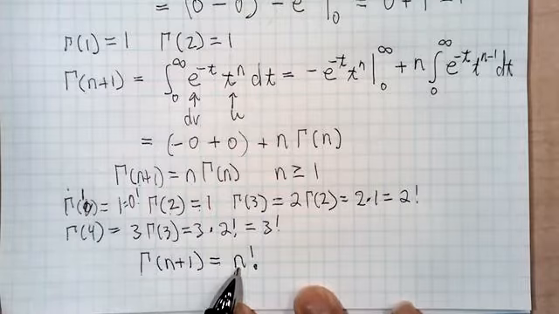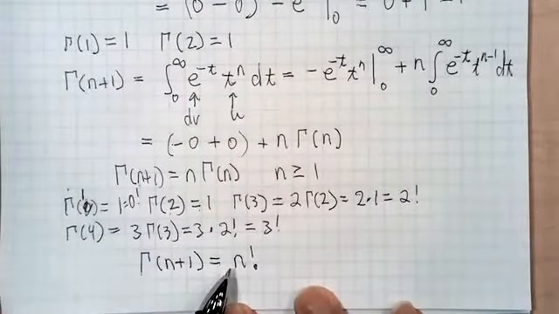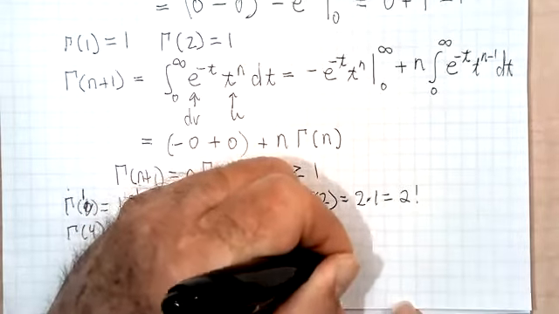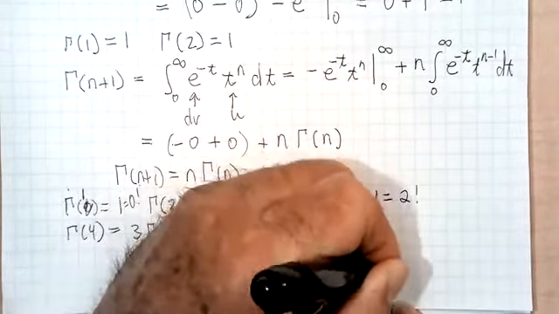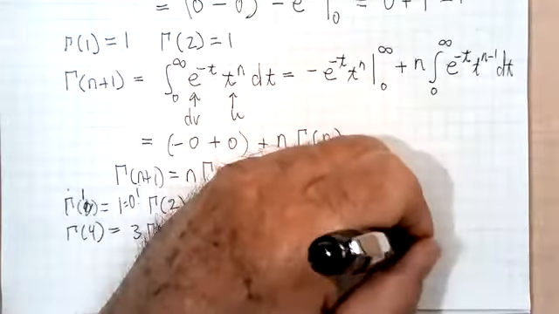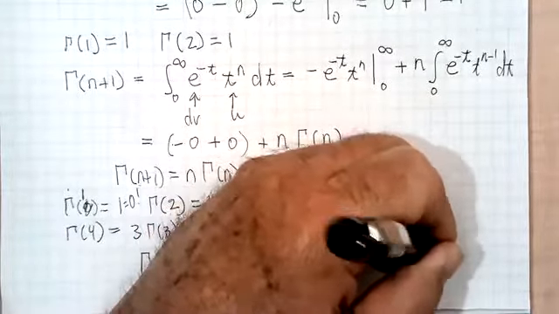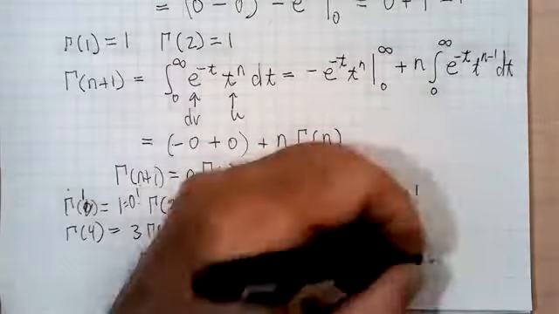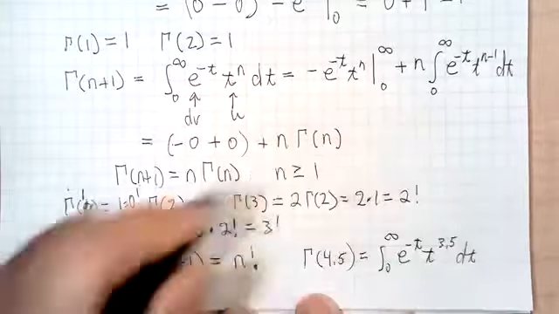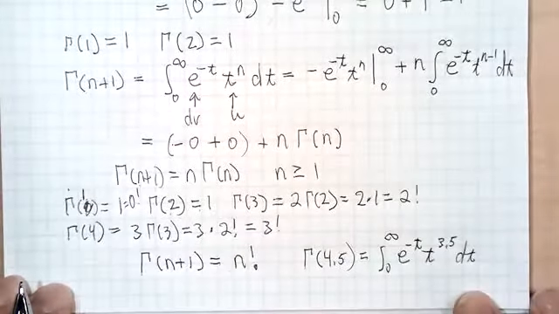And the really nice thing is we now have a generalization of the factorial function. So you could effectively compute something like 3.5 factorial. Of course, that would be gamma of 4.5. But what is that? It's the integral from 0 to infinity, e to the minus t, t to the, now you knock that down by 1, 3.5 dt. And how would you do that? Well, I'll tell you how I would do it.